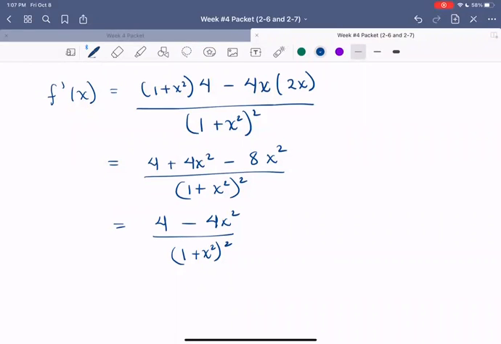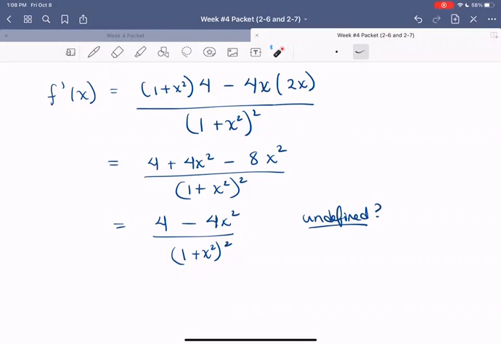So now it's time to find the critical values by determining when this derivative f prime of x is undefined and when f prime of x is equal to 0. So first, undefined. Well, we do have a quotient for our derivative. So this quotient function will be undefined whenever that denominator is 0.